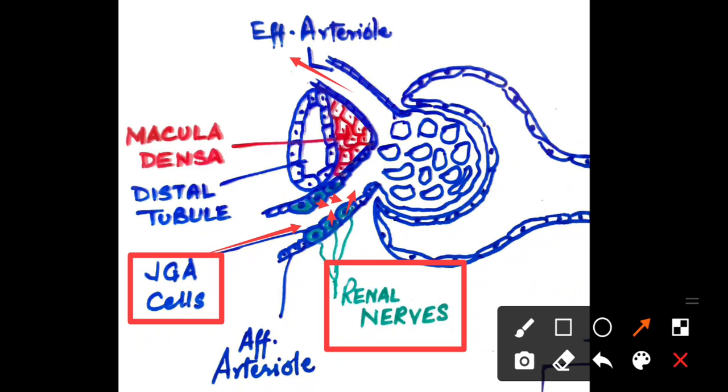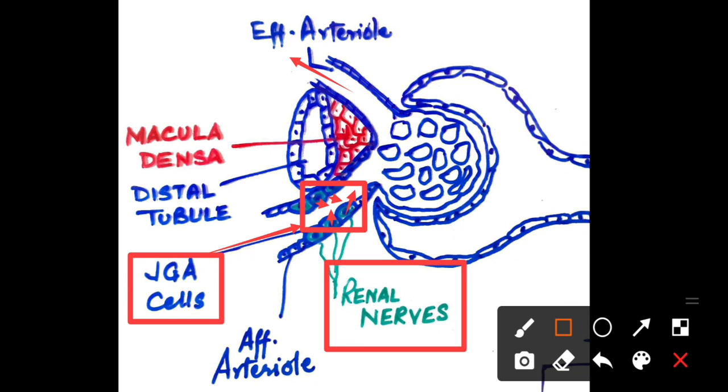So in the blood we already have alpha globulin secreted by the liver, and the renin secreted over here changes that alpha globulin protein into angiotensin 1 protein. So this is a mechanism that you have to write in your copy.